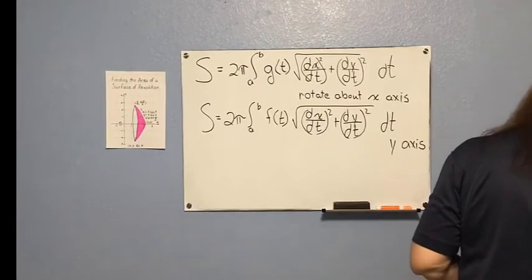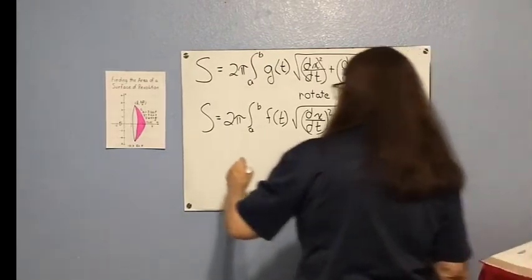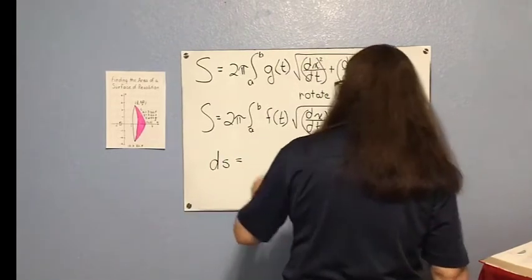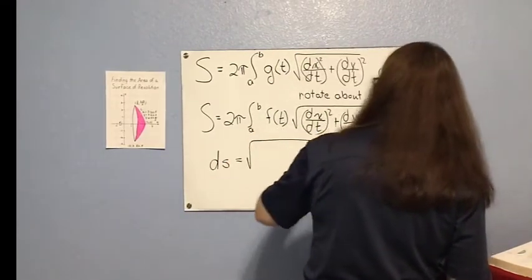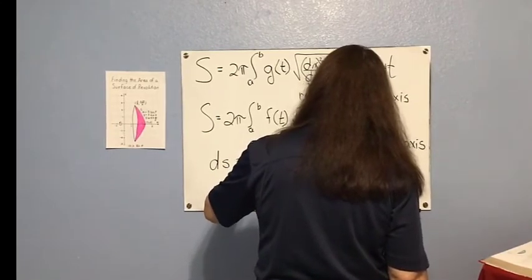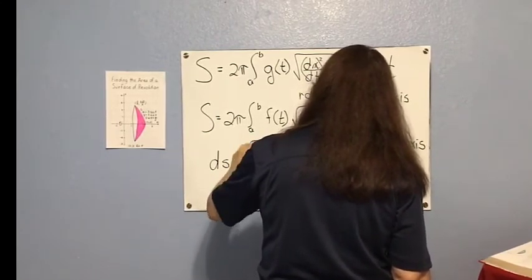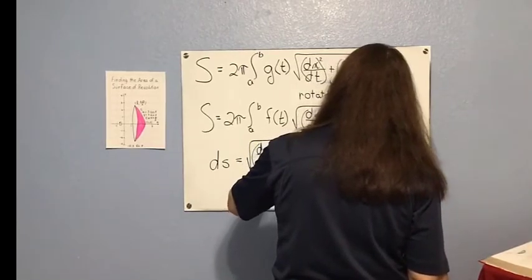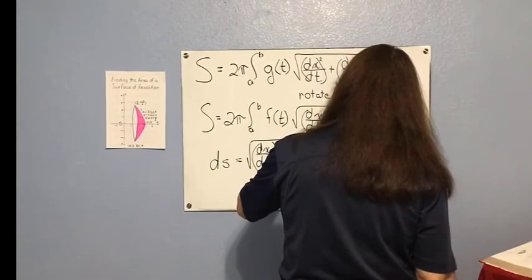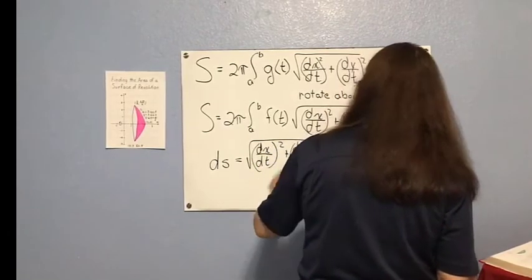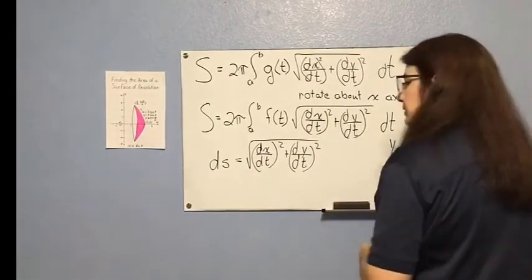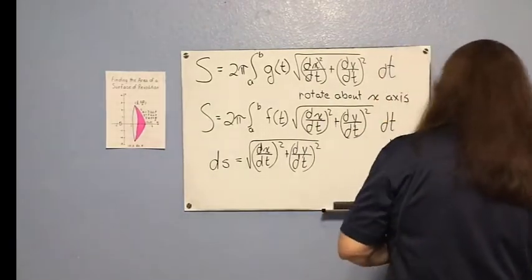Okay, sometimes to make this simpler, we say that ds is equal to this big square root of dx/dt squared plus dy/dt squared, and then take the square root. And that kind of simplifies and reduces the amount of writing we need to do.